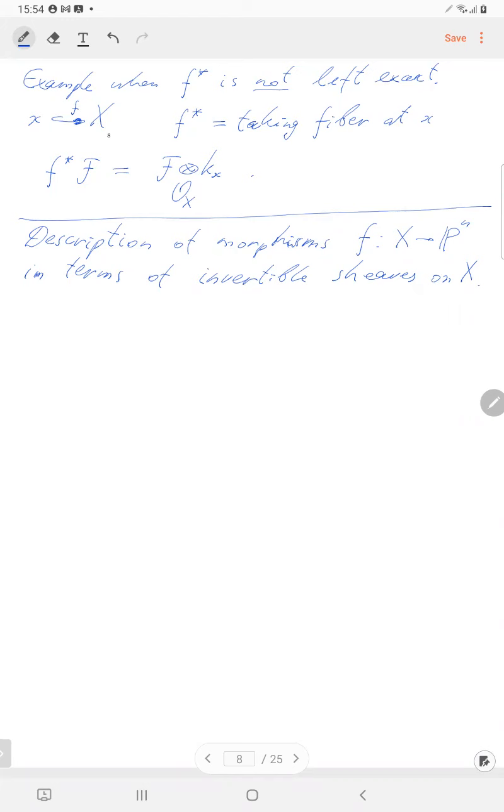So given such a morphism F, we associate to it just the pullback of the invertible sheaf O(1), and there we are. But maybe let's muse about it a little bit more.